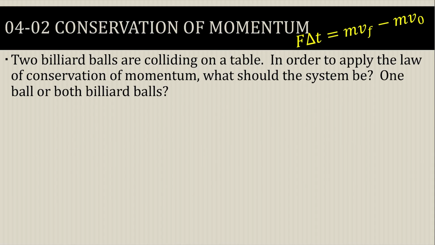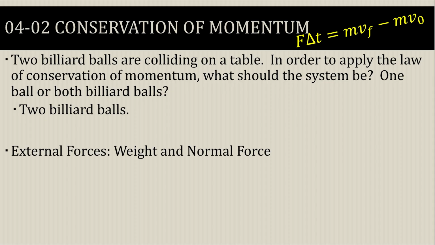Two billiard balls are colliding on a table. In order to apply the law of conservation of momentum, what should the system be? One ball or both? Well, what's hitting each other? Both of them. So it has to be both billiard balls. Our external forces are the weight and the normal force.